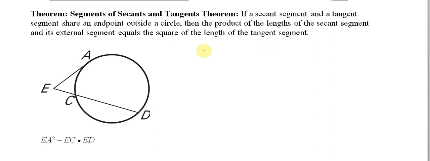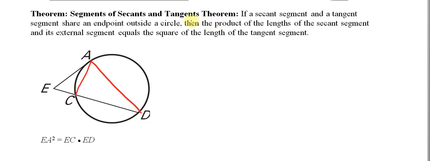And rather than looking at what the theorem says, I'm going to play with this picture a little bit and follow the same idea as what we've been using in the previous examples. So what I'm going to do is connect point A to point D, so AD, and then I'm also going to connect from A to C.